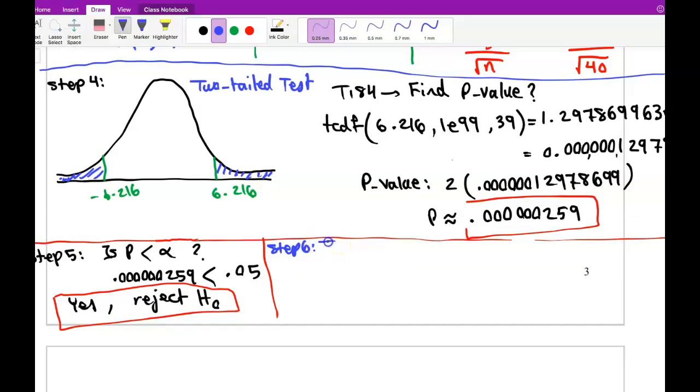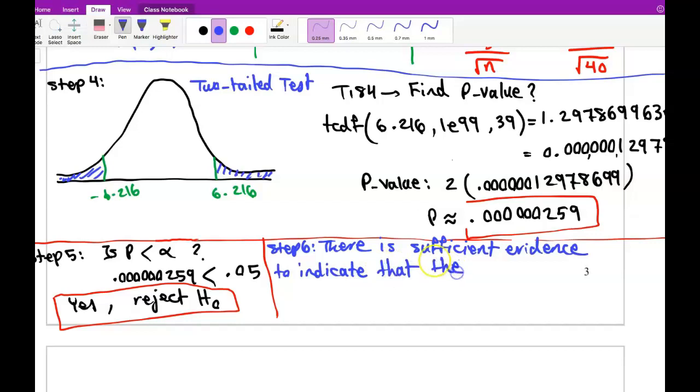What this means: there is sufficient evidence to indicate that the mean volume of Apple stock has changed since 2007.